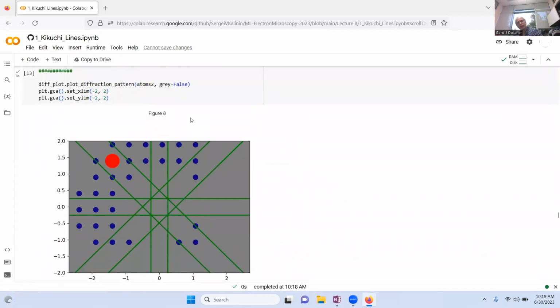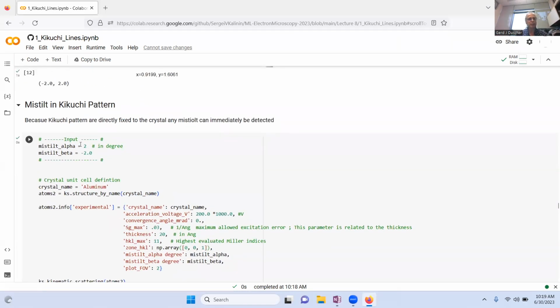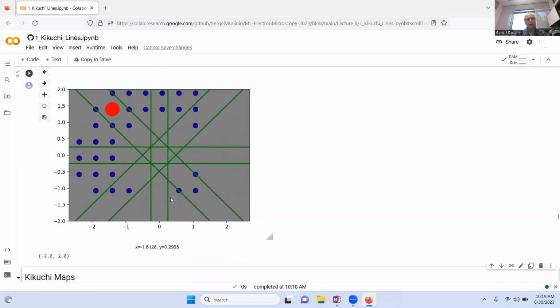If you tilt out, and here we have some amount of tilt, so we just put the mistilt in the alpha direction, in the beta direction, then you get a so-called Laue ring in your diffraction pattern. But even though your zero beam is now over here, the center of your zone axis is still recognizable, and all you have to do in the microscope is get this part in coincidence with your incoming beam.